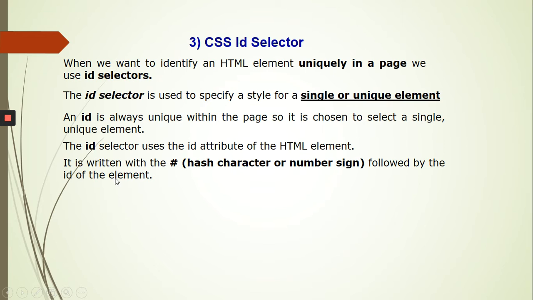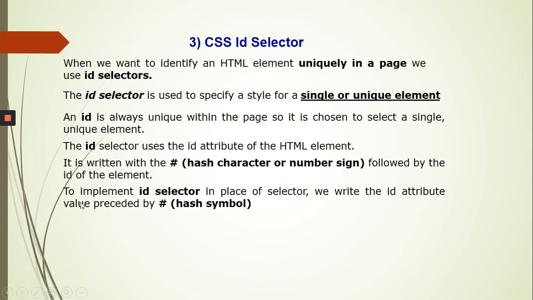If you recollect, the class attribute is called with a period, a dot, followed by the name of the class. Similarly, the ID attribute will be called with a hash, the number sign, followed by the name of the ID. To implement class selectors, in place of the selector we wrote the class attribute preceded by a dot.